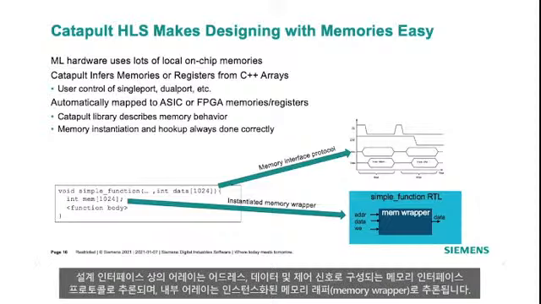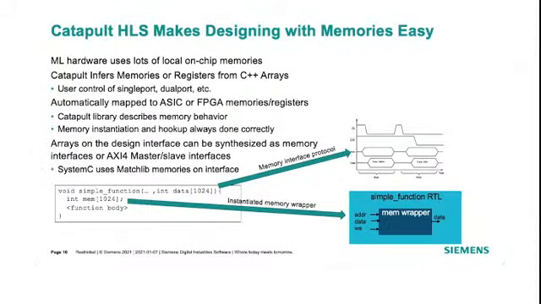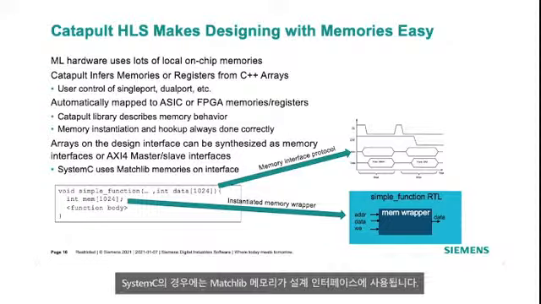Arrays on the design interface will be inferred as a memory interface protocol consisting of address, data, and control signals, and internal arrays will be inferred as an instantiated memory wrapper where the address, data, and control signals are correctly hooked up for ASIC or an inferable memory for FPGA. Arrays on the design interface can also be synthesized as an AXI memory master or slave interface if a more complex protocol is desired. For System C, MatchLib memories are used on the design interface.